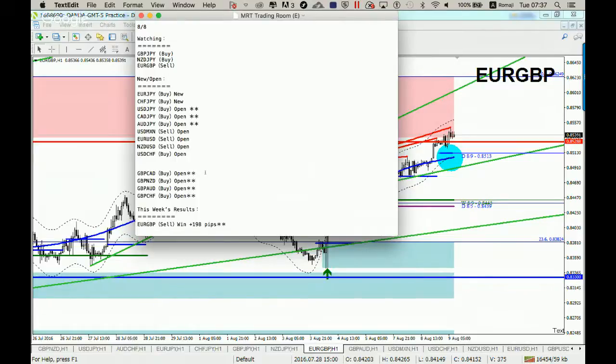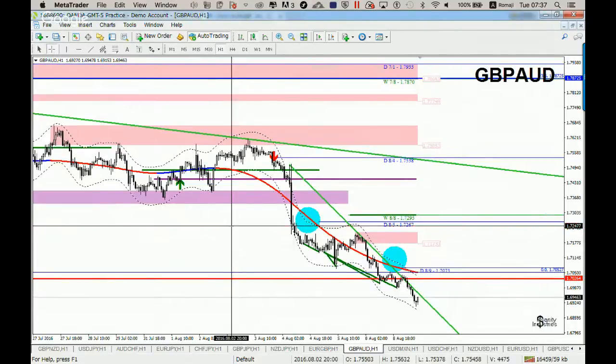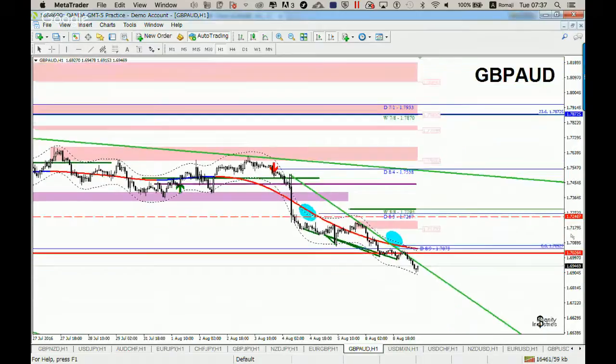Okay, pound CAD buy. Oh, the pound Aussie is the other one that closed. Let's look at that real quick. The pound Aussie hit its stop, so we took a little loss on this. The loss was, I don't know if that's right or not. I think it is though.